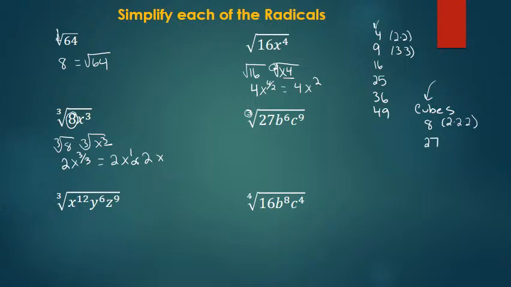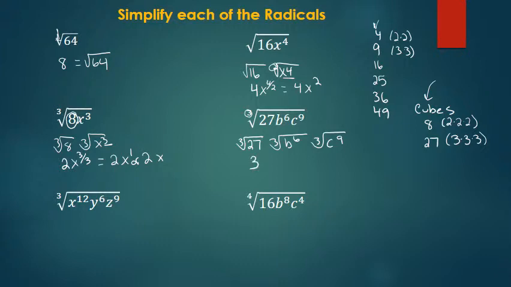All right, let's move to the next one. I'm going to do the same thing and separate these. I have the cube root of 27, the cube root of b to the 6, and the cube root of c to the 9. Now the cube root of 27: 27 is a cube, which is 3 times 3 times 3, so the cube root of 27 is 3.